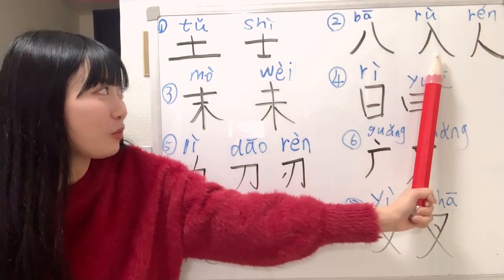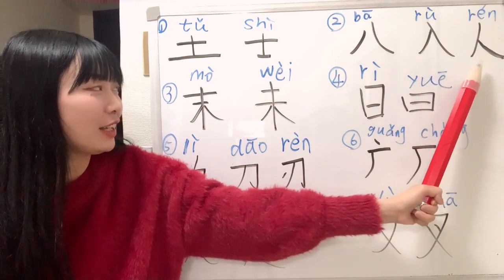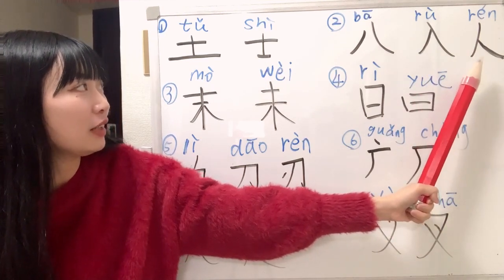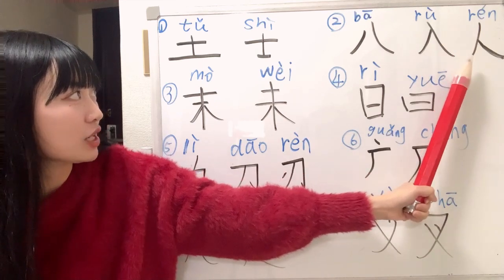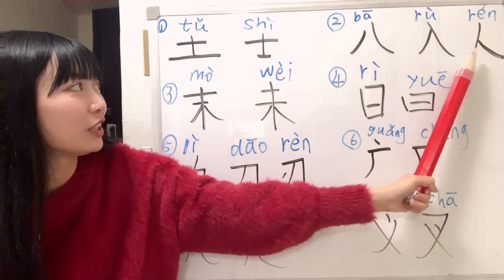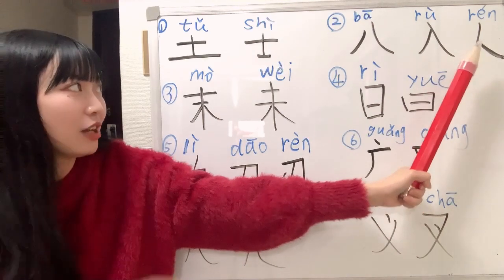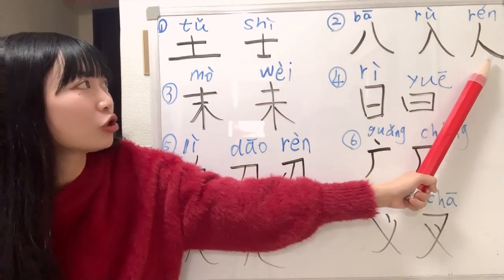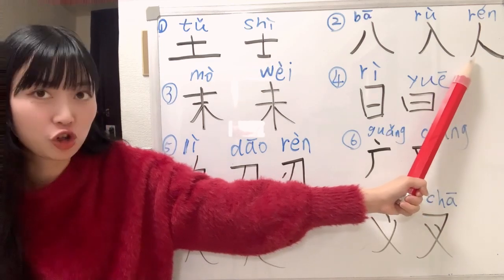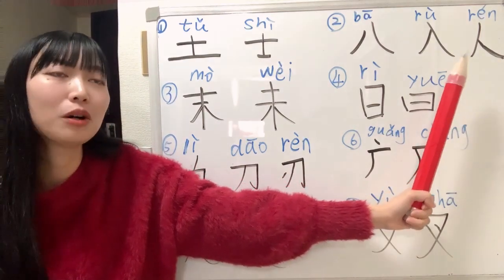Well, this is kind of opposite, right? If the left falling stroke is longer, it's on the top, on the top of the right falling stroke. This is 人, means people or person.